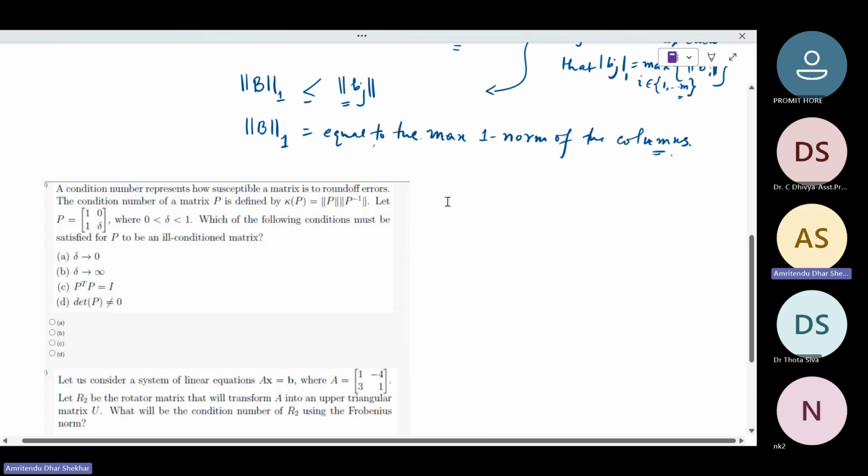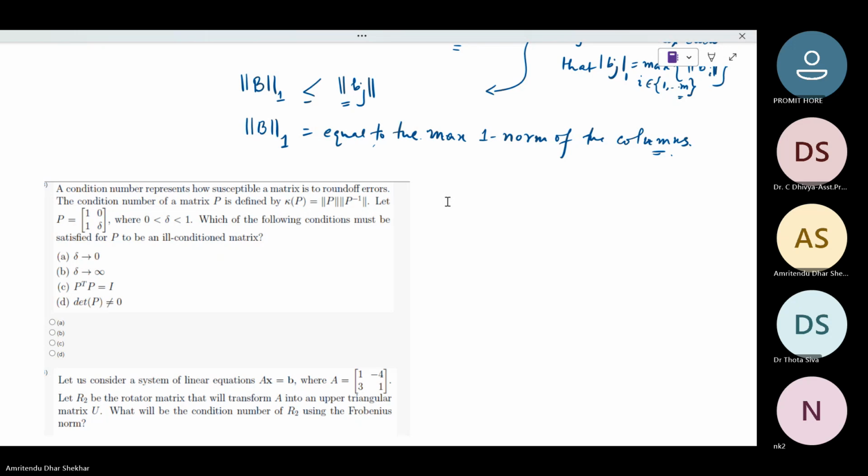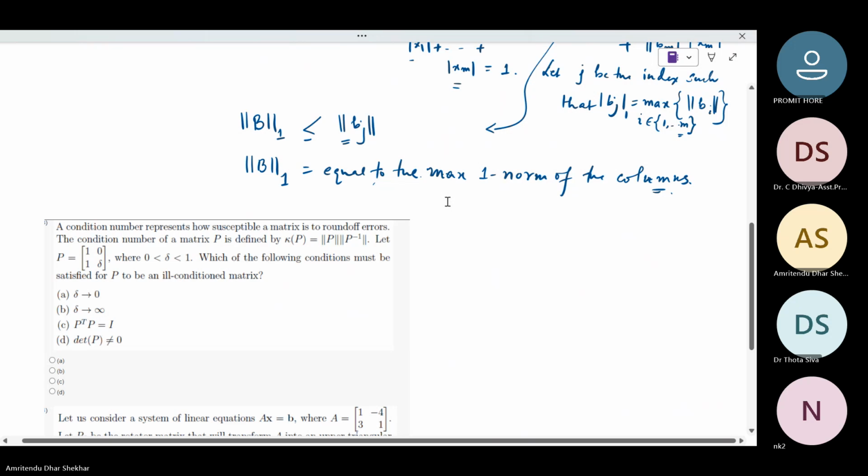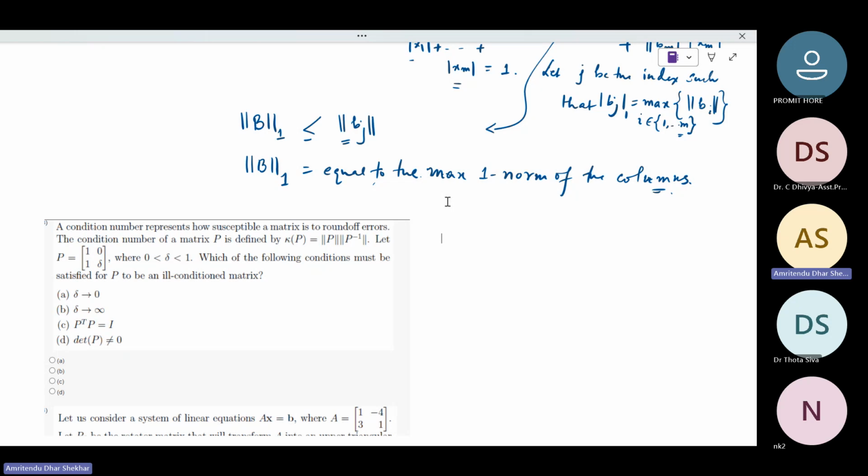Okay, the condition number represents how susceptible a matrix is to round off errors.